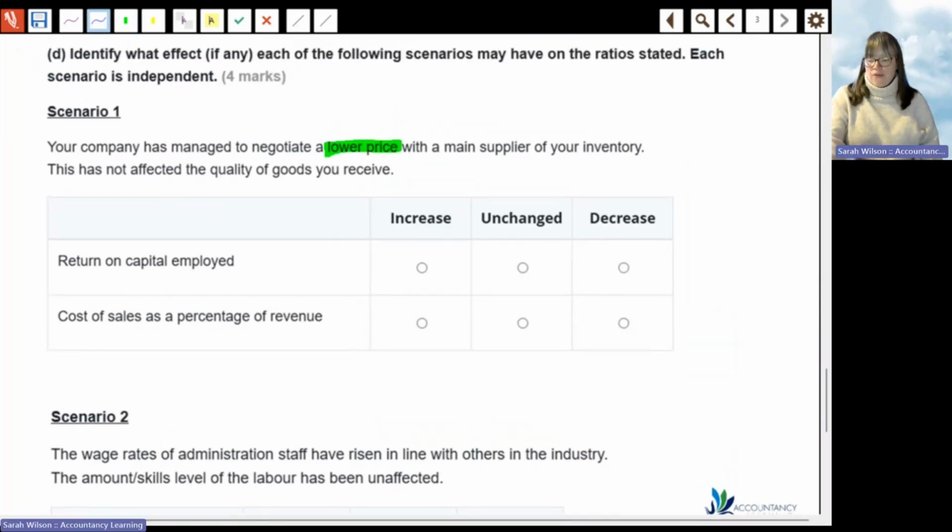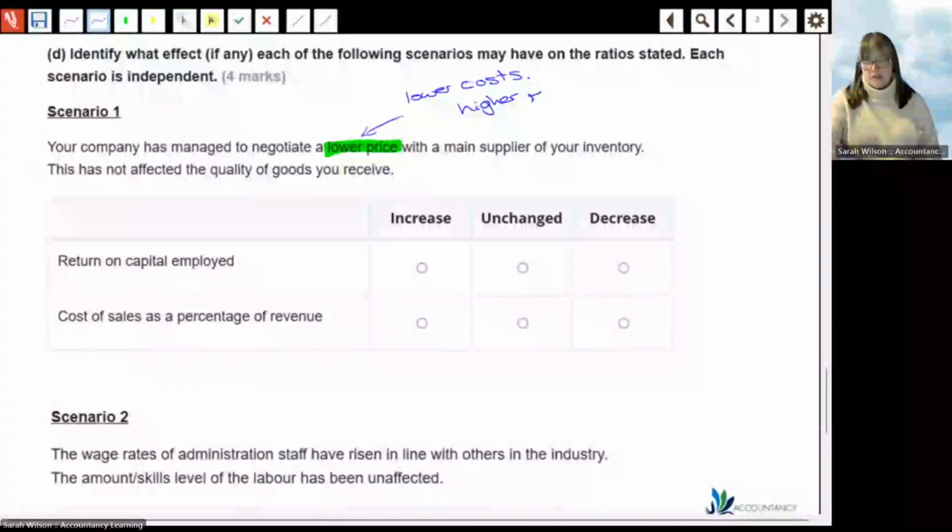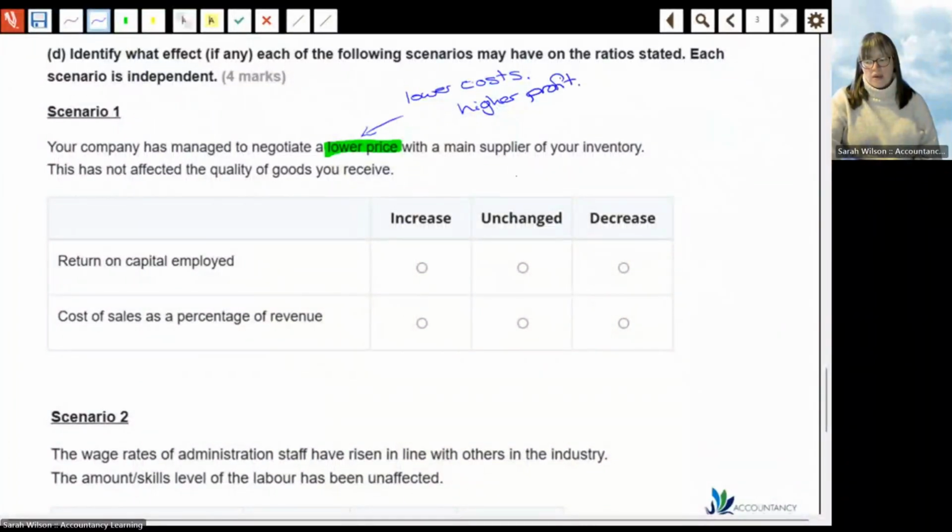So if the lower price has been negotiated, this means lower costs. So if we've got lower costs, it means that we will have higher profit, because we're not spending as much.